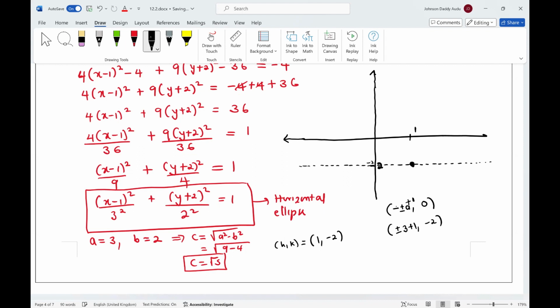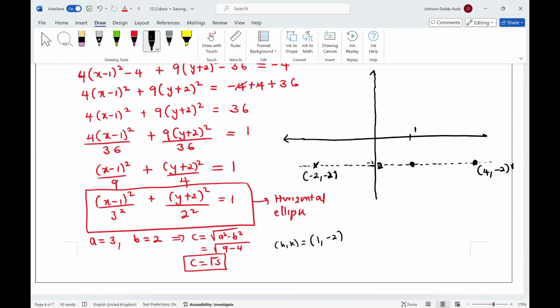If you go to the right, this point here is going to be (4, -2). So this is one of your vertices. Another vertex is when you go back here and take a to be minus 3. So it's going to be (-2, -2). This is our vertex.